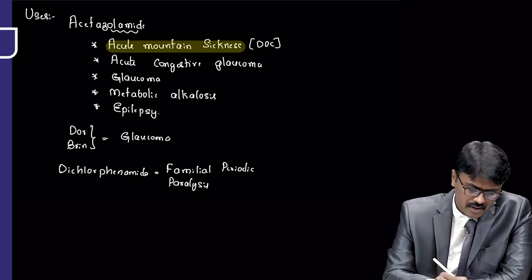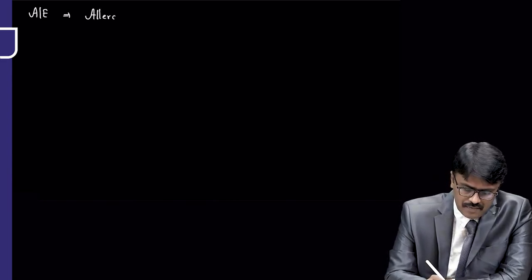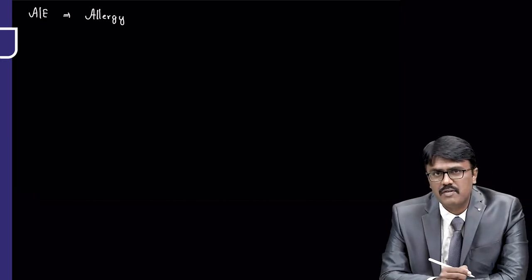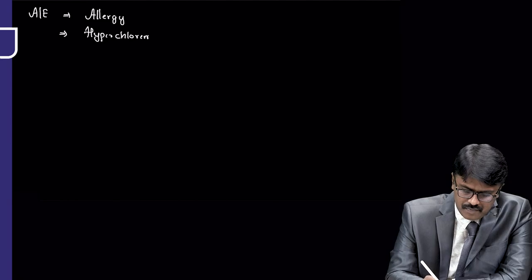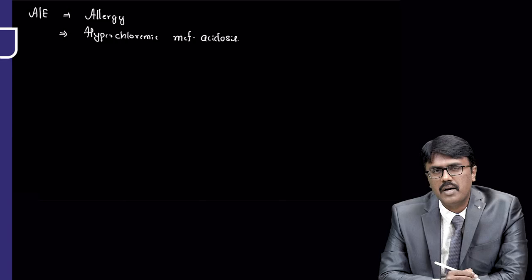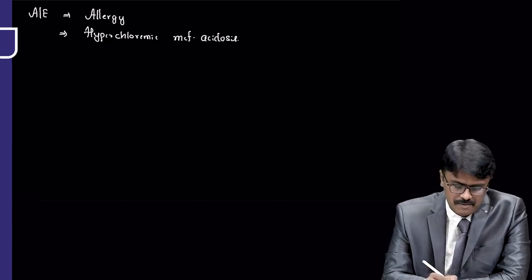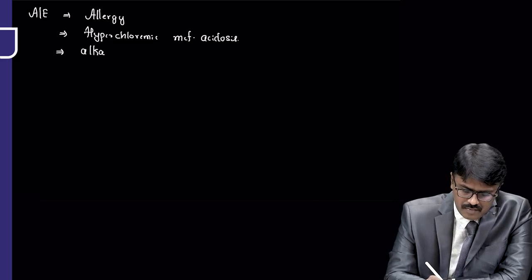Now coming to the adverse effect. Now when you know the concept, you can tell me the adverse effect. Number one, they cause allergy. Why do they cause allergy? Because they are derived from sulfur. Second, they can produce hyperchloremic metabolic acidosis. So they can produce metabolic acidosis because they lose bicarbonate. Then they can produce alkaline urine. Urine becomes alkaline.